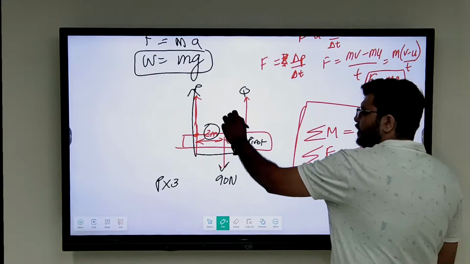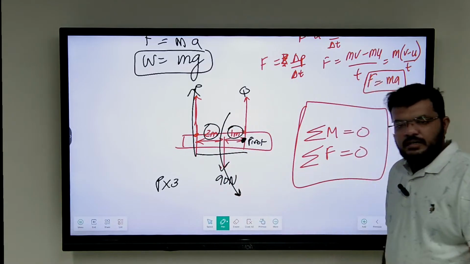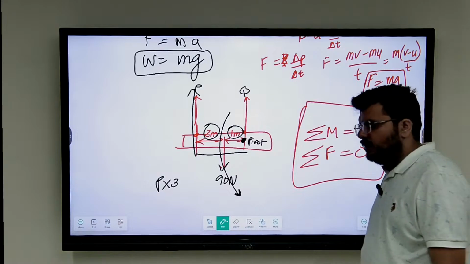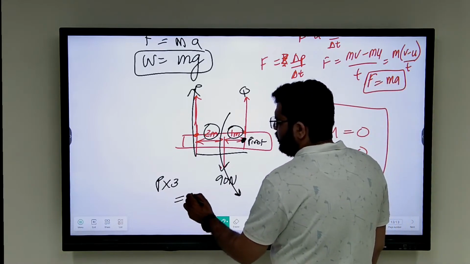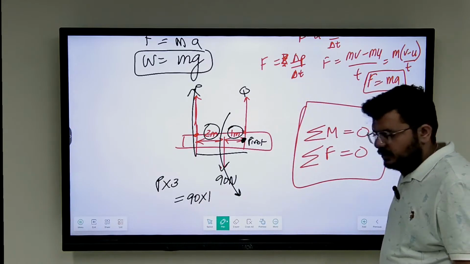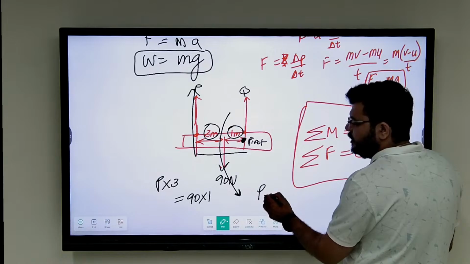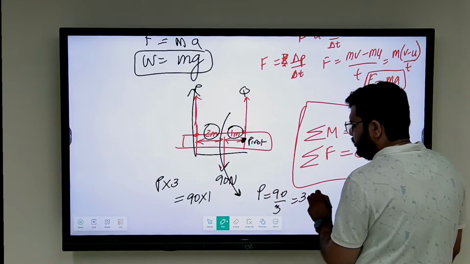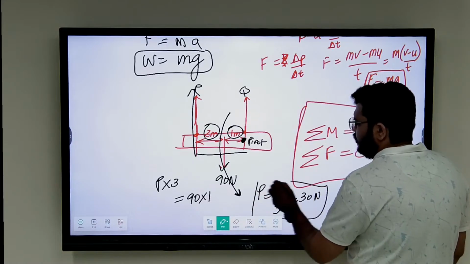And this is giving an anti-clockwise moment due to the weight. So this should be equal to 90 into 1, right? So in this case P should be equal to 90 by 3, which is equal to 30 Newton.